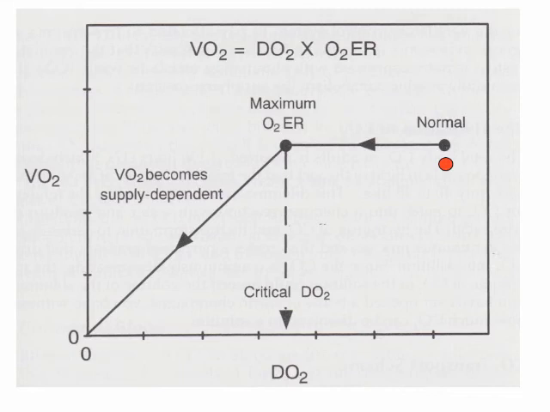So to start off with the normal situation, the ratio between oxygen consumption and oxygen delivery is about 1 to 4, as I've said, and that gives us a mixed venous oxygen saturation of about 75%, which is normal.